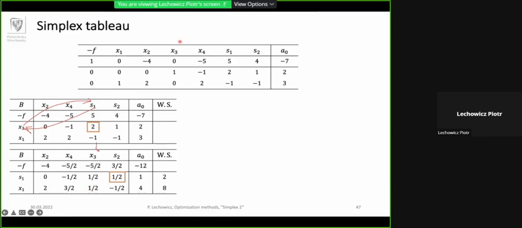And in other elements, for example, this element is equal to minus 1 minus 1 multiplied by 1 divided by 2, so it's equal to minus 1 plus half, so it's equal to minus half, and so on. So we are calculating the values of the coefficients in all of the elements. We are calculating the right-hand side of the equations, and our objective function improved because our right-hand side element decreased.